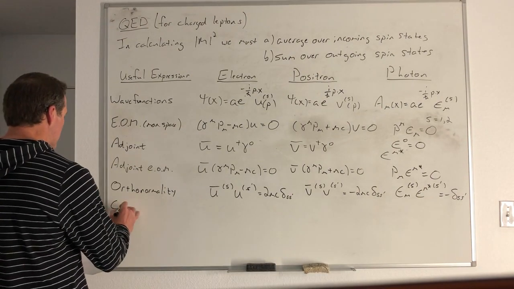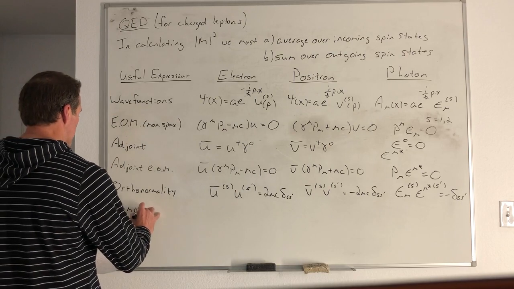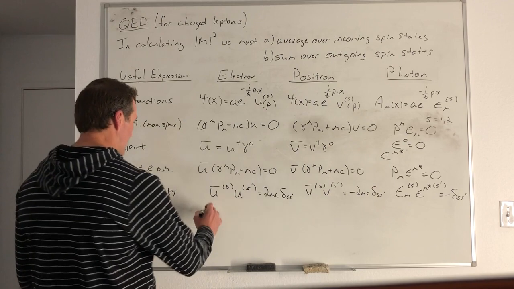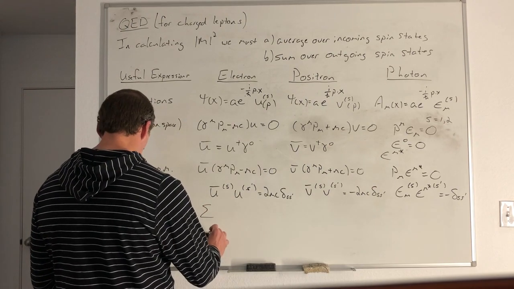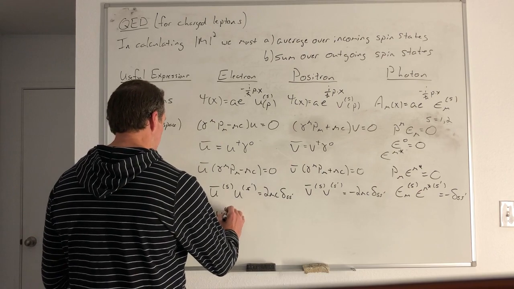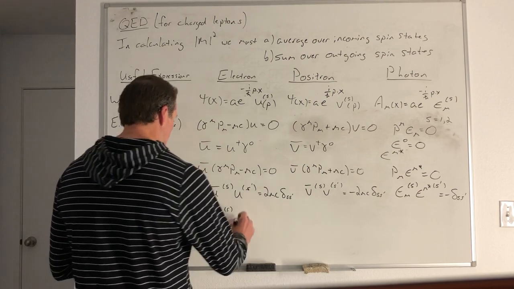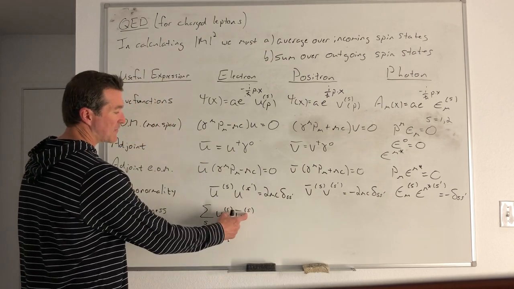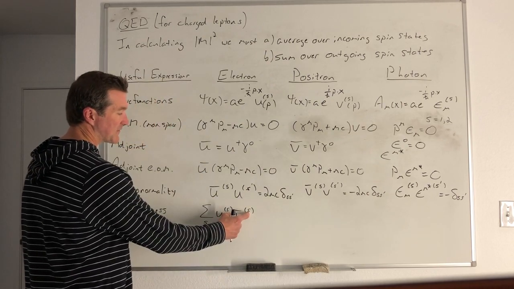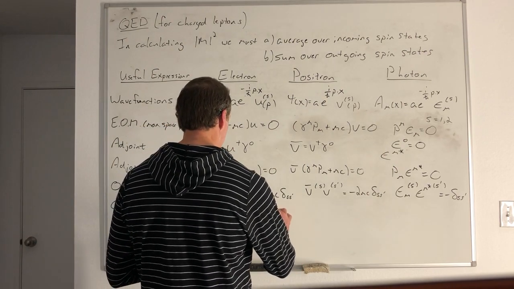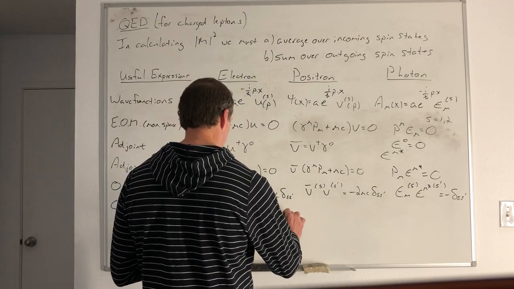And then last but not least is a completeness relation. And the completeness relation for the spinors says, if I take a spinor and its adjoint, and I sum over all the possible spin states for each of these, then this just gives me gamma mu, P mu, plus m.